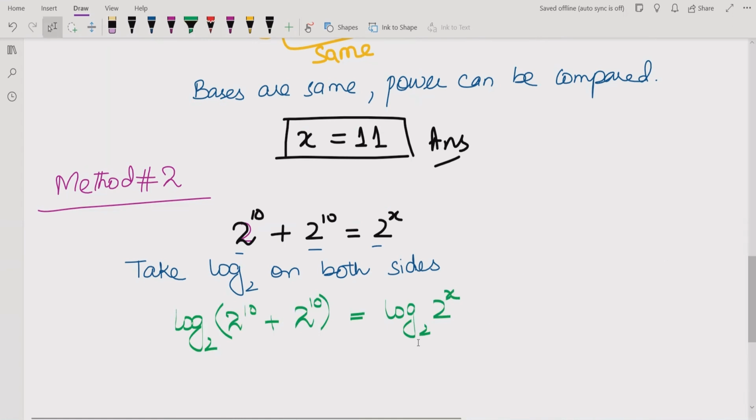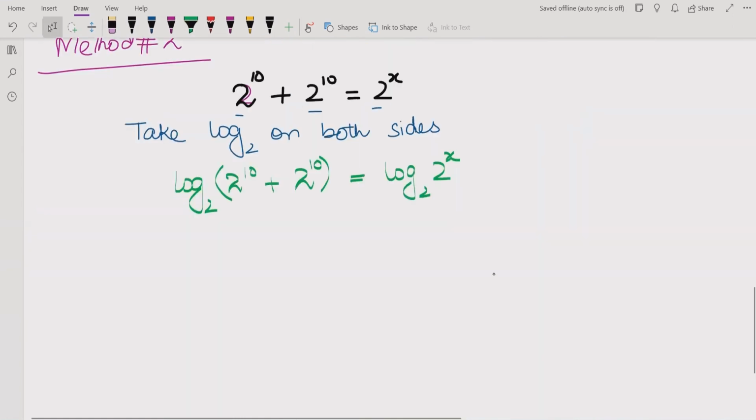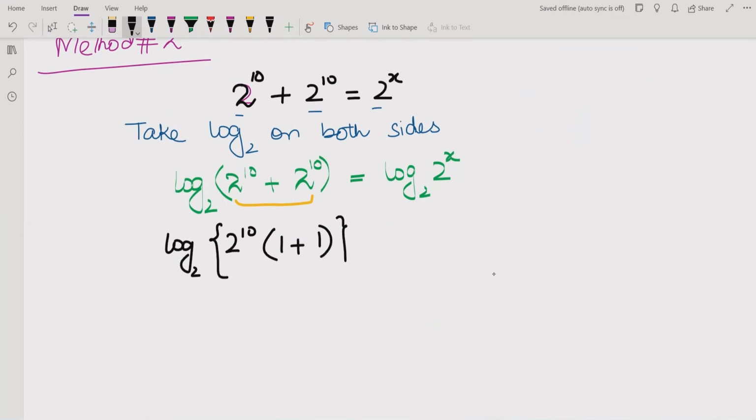Now we have to solve. We can take common in this term, so we will write log 2 of 2 raised to power 10 times (1 plus 1), and here we will apply the log property. We will take the power outside, and write x times log 2 base 2.